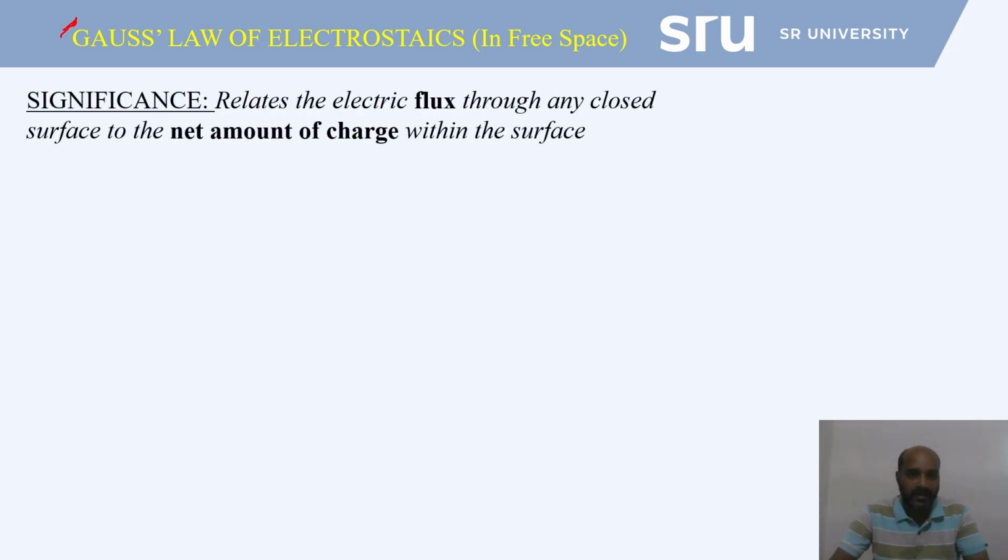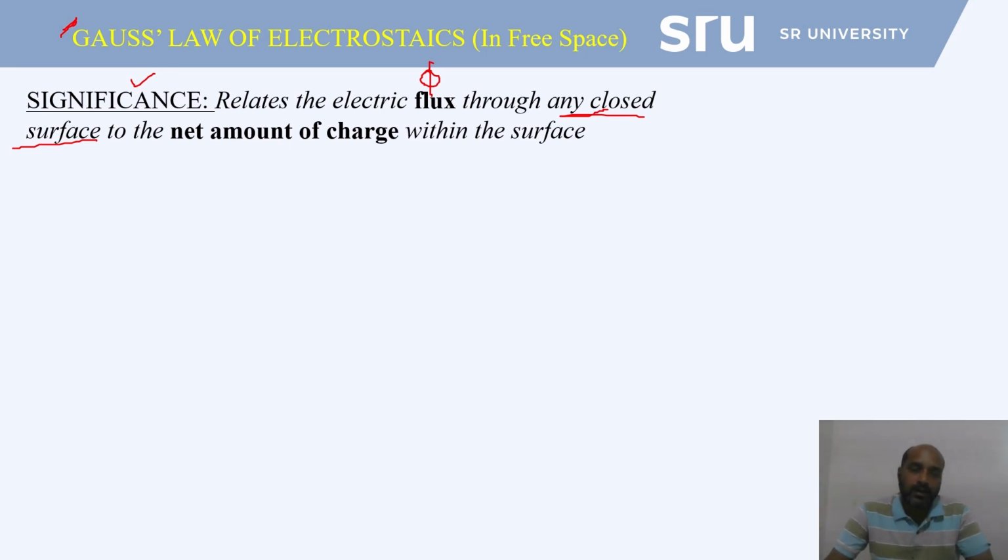So for that, we'll go with the Gauss law of electrostatics. In this Gauss law of electrostatics, we'll try to explain what it means by a closed surface also. First, we'll see the significance. What information do we generally obtain with this Gauss law of electrostatics? The significance of this law is that it correlates the electric flux phi through any closed surface to the net amount of charge within the surface.